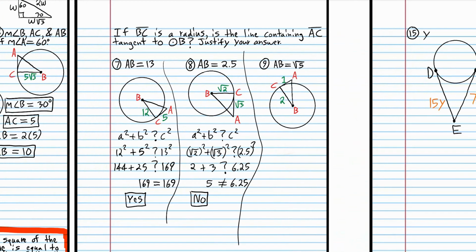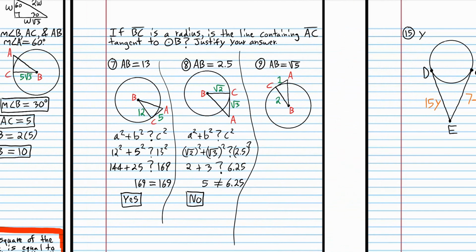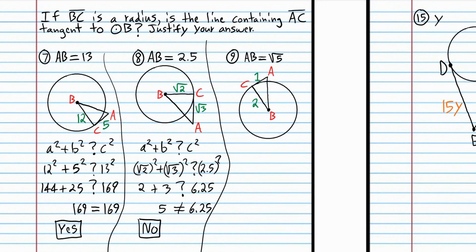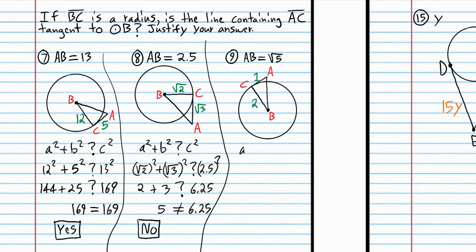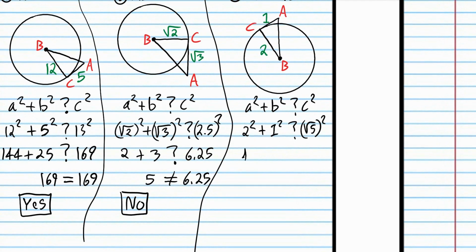All right, number 9. Same situation. We're going to see if the Pythagorean theorem relation works. So A is 2, B is 1, and C is root 5. And then we have 4 plus 1 is possibly equal to 5.